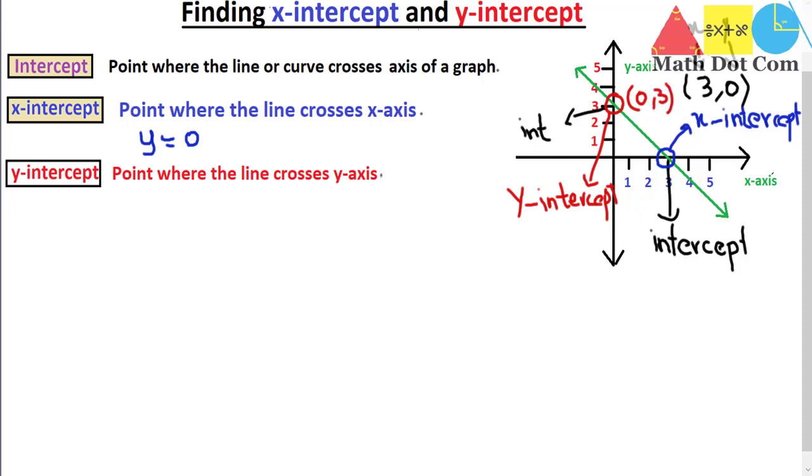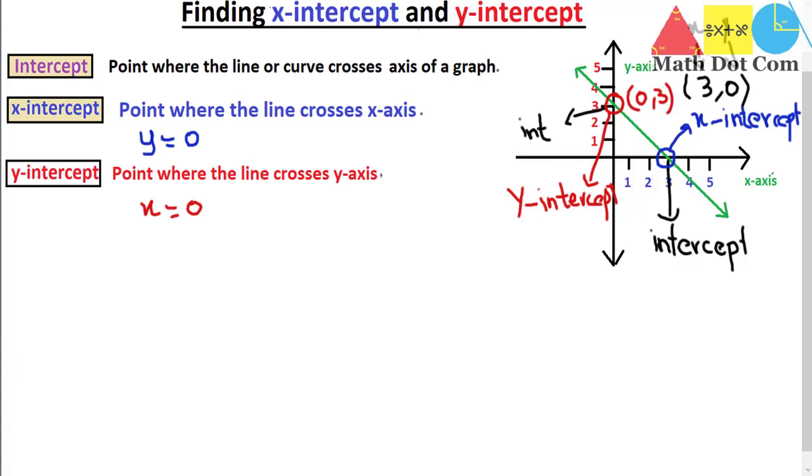Why? Because on the y-axis the value of x will always be 0 and the value of y will be the point at which the line is cutting the y-axis. So in case of y-intercept we will always have x equals 0.